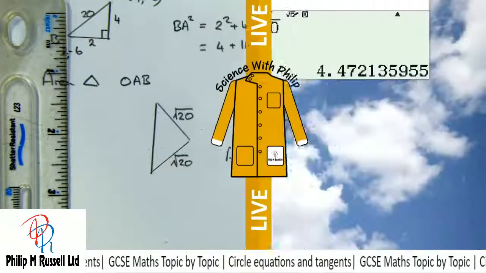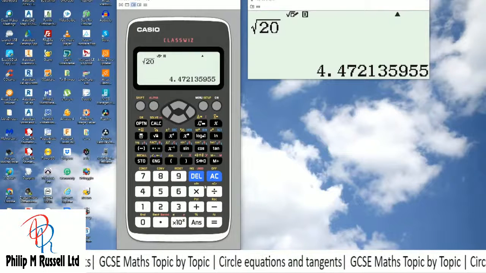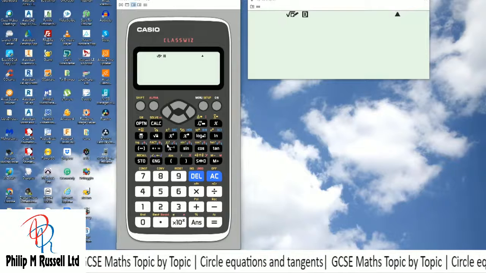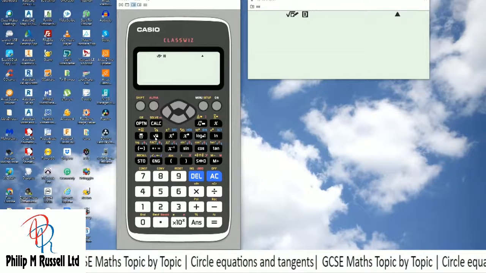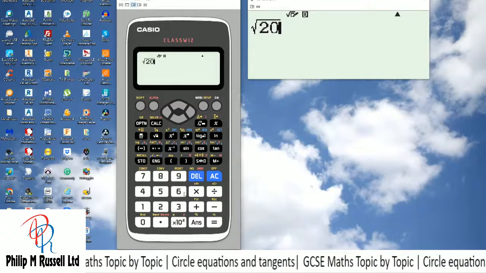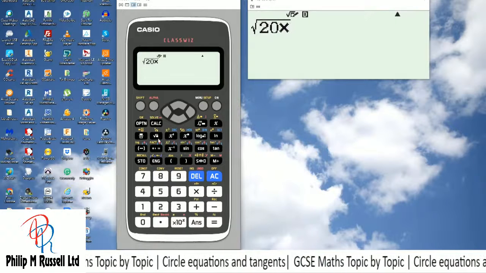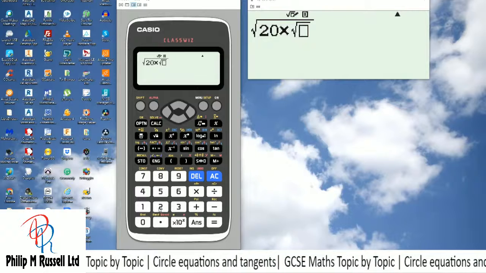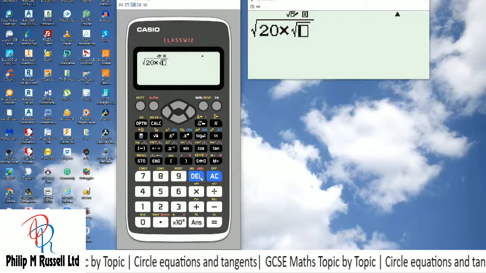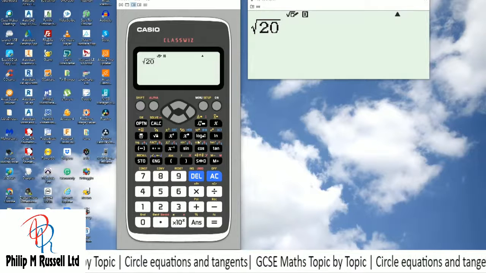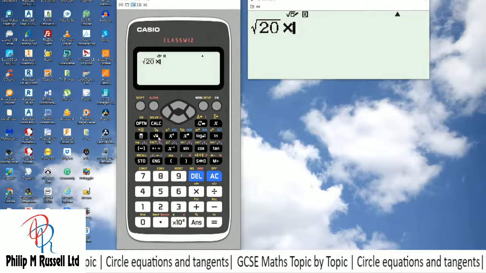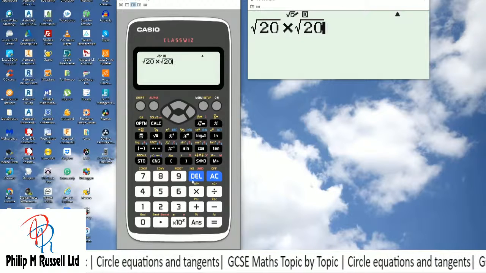I'll do that on the calculator. So I've got my square root of 20 times the square root of 20.